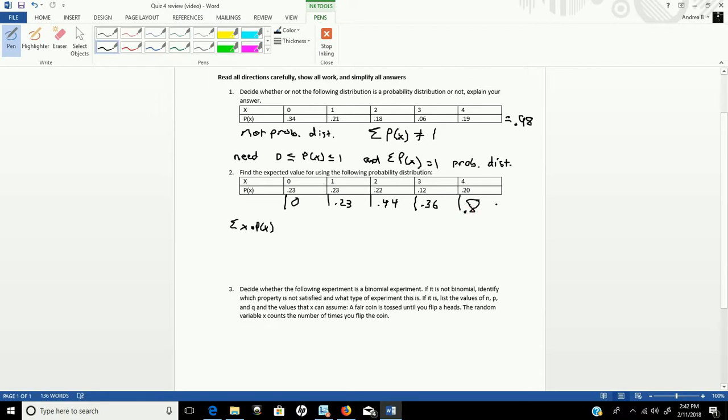Should say 0.8 there. Got a little bit better there. So then if you add up your 0, your 0.23, the 0.44, the 0.36, and your 0.8 there, once you add all those up here, you should get 1.83 for your final answer, it looks like.